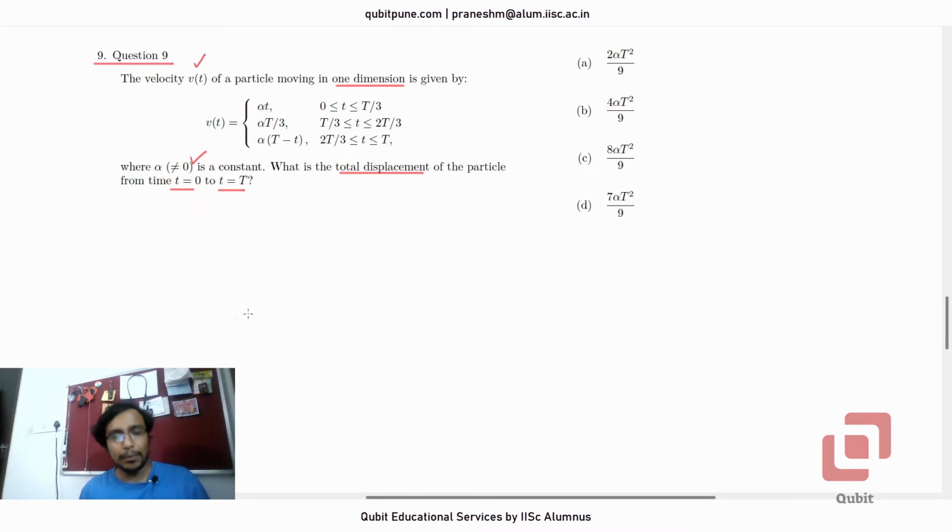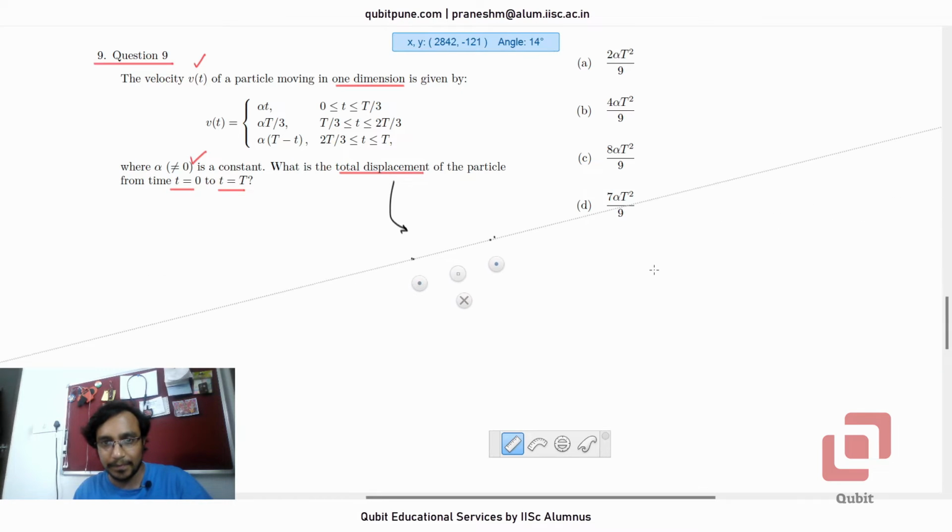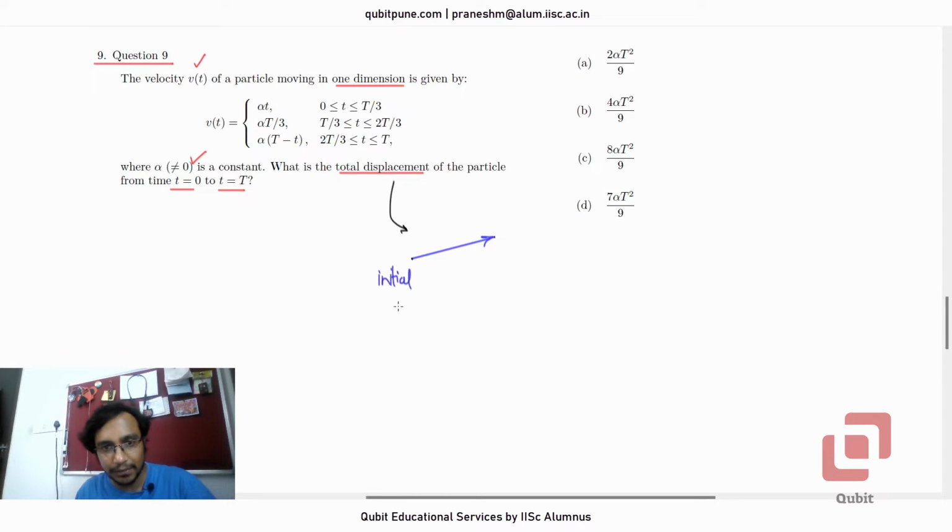Now the total displacement is basically a vector joining the initial position and the final position. Correct? We all know that. Displacement is basically change in position. So if this is the initial position of the particle and this is the final position of the particle, then no matter how the particle reached there, any random path, displacement is always the vector joining initial and final positions.